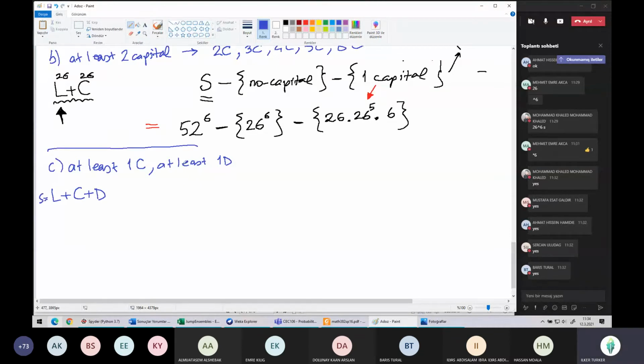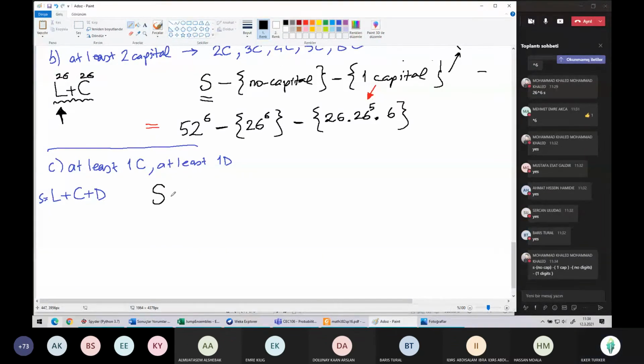I suggest a solution that this is sample space minus no capitals minus no digits. This is sufficient, Mohammed. Because at least one capital means when you subtract no capitals, you satisfy this condition.